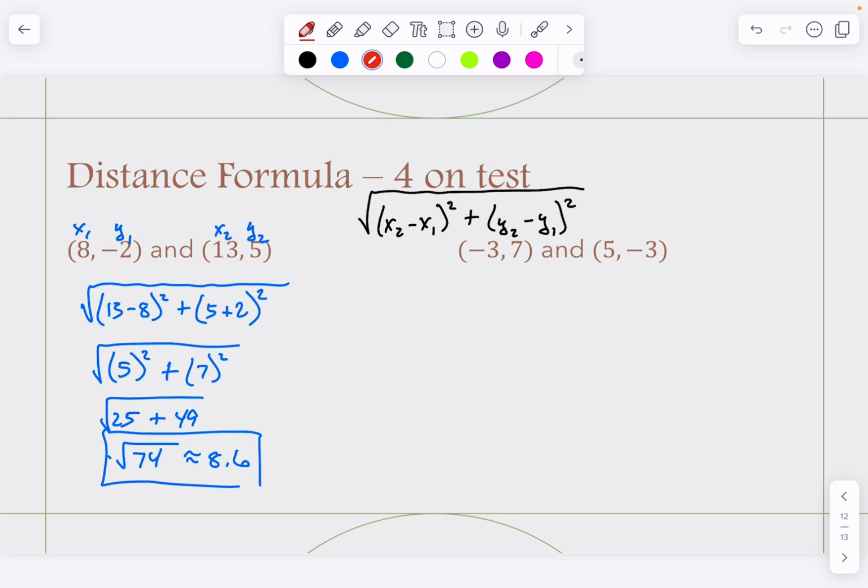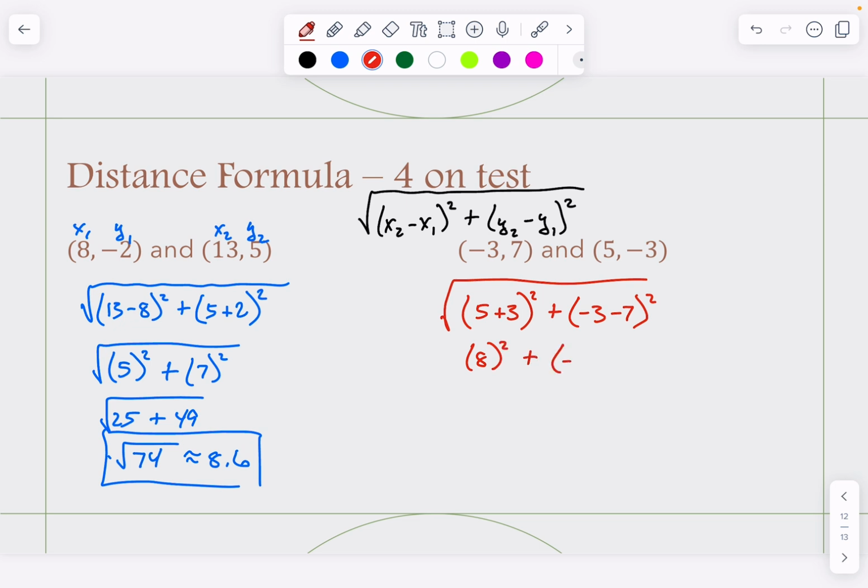Do it again here for you. I have x2, which is 5, minus x1, which is negative 3. So I end up adding 3, minus a negative. You add the opposite. That will be squared. Then I'm adding negative 3 minus 7 squared. So simplifying, 5 plus 3 gives me 8. That will be squared.